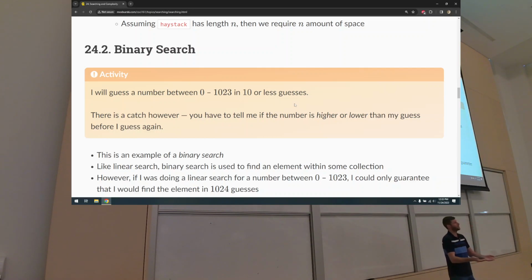And all the pages that are greater than 512 are over here. And if I told you to turn to page 700, which side do you look at? Do you look at the side with the numbers less than 512? No, that's silly, because the number 700 is not less than 512. The page you're looking for must be on this side.